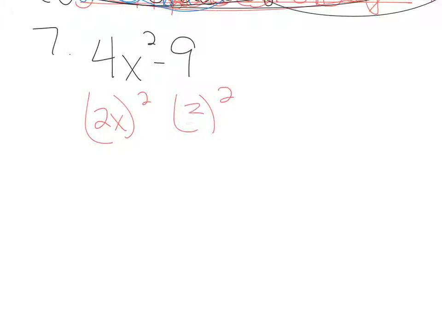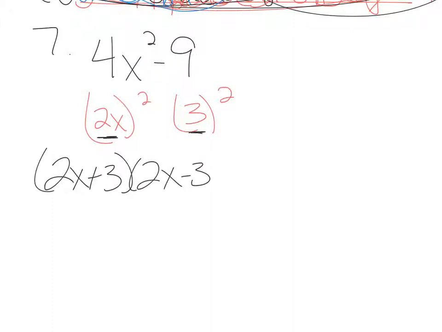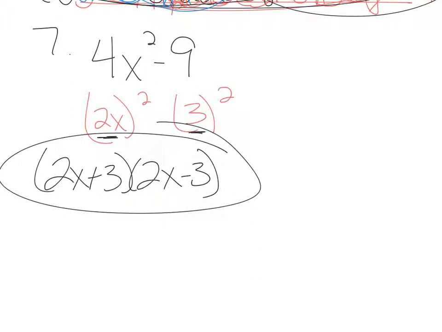And then if I take 3 squared, that will give me my 9. Now remember, whatever's in here and whatever's in here, to factor this, you're going to add them and subtract them. So 4x squared minus 9 as a factored expression is 2x plus 3, 2x minus 3.